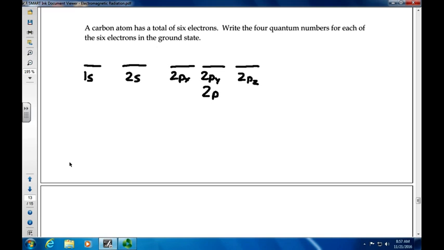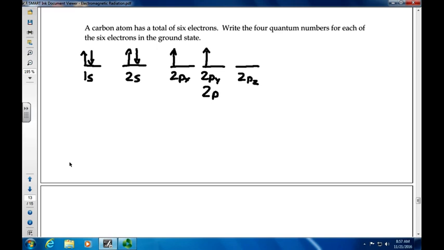So let me demonstrate. This would be our first electron and our second electron, our third electron and our fourth electron. That seems pretty intuitive, but there are 6 total. We've got 5 and 6.